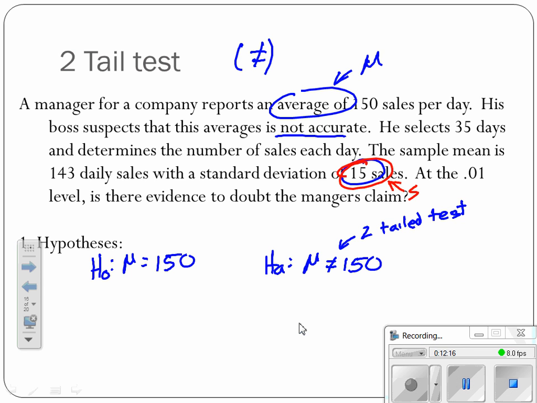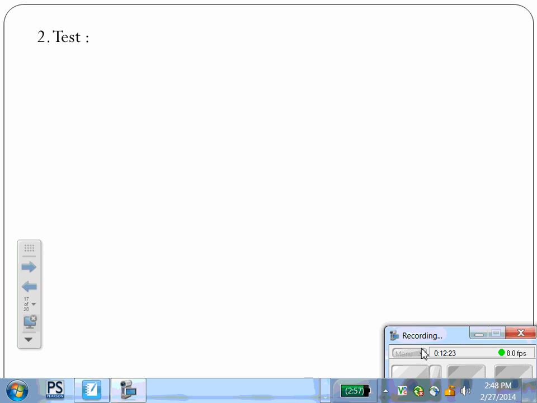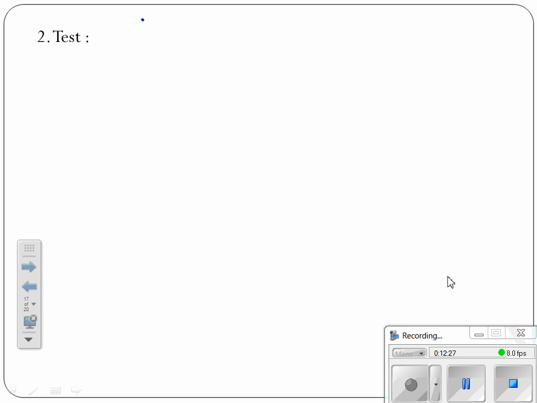So let's go ahead and run this t-test. And since we know it's a t-test, go ahead and drop your degrees of freedom in here. Remember, that's n minus 1, so we have 34 degrees of freedom.